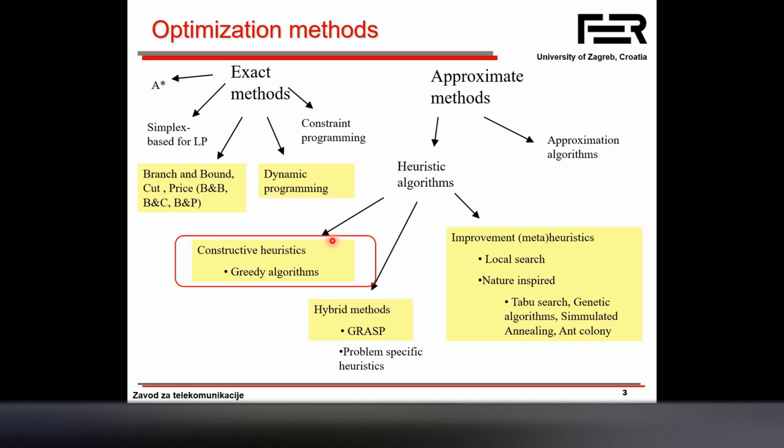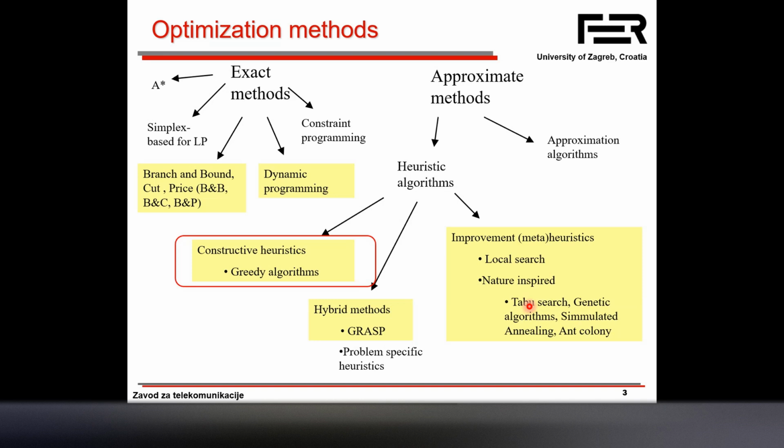We're going to look at constructive heuristics in terms of greedy algorithms. We'll look at some hybrid approaches. Next time when we talk about local search, we'll combine local search and greedy algorithms and talk about GRASP, which is greedy randomized adaptive search. And then there are improvement heuristics or meta-heuristics.